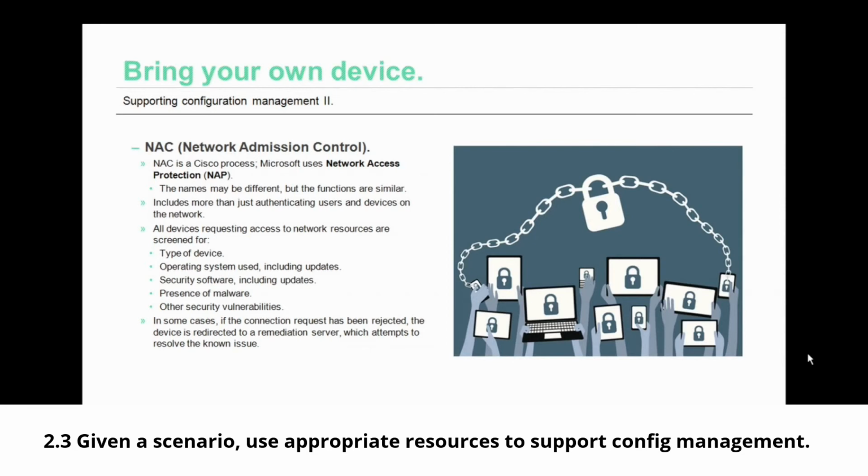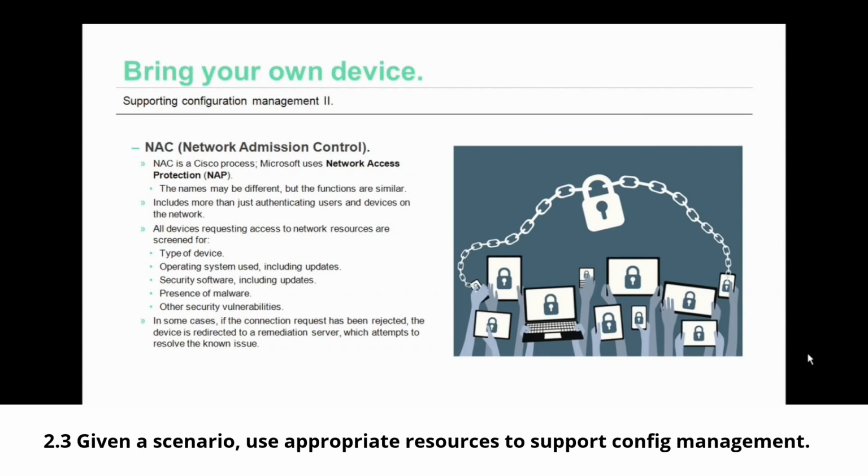NAC includes more than just authenticating users and devices on the network. All of the devices that are requesting access to network resources are screened for the type of device that it is, the operating system that's used, including any updates that are present. NAC will also check for security software, making sure that it's up to date.